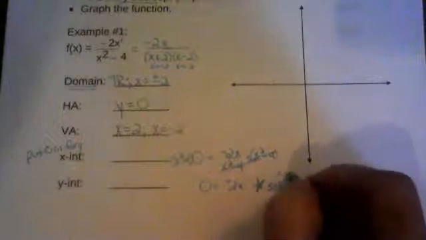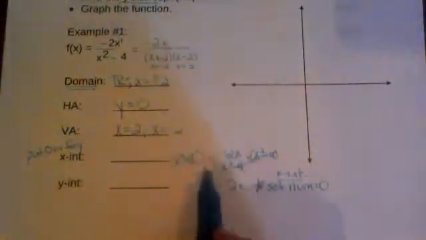So when you're looking for an x-intercept, if you will just set the numerator equal to 0, it will save you this first step. So now I've got negative 2x equals 0, divide by negative 2, x is 0. So x is 0 when y is 0, or I have the point 0, 0.